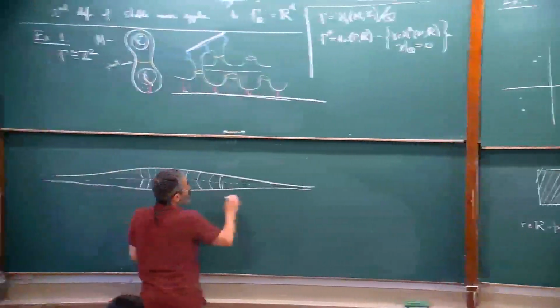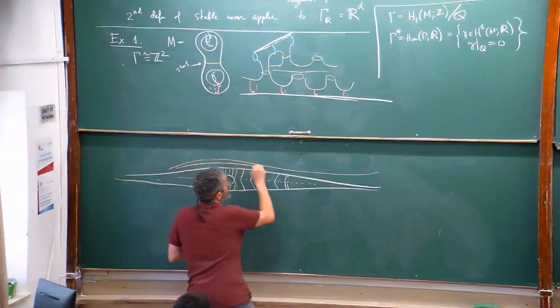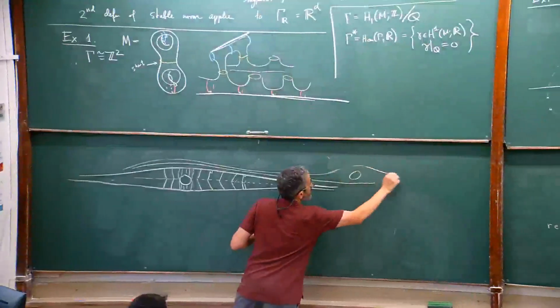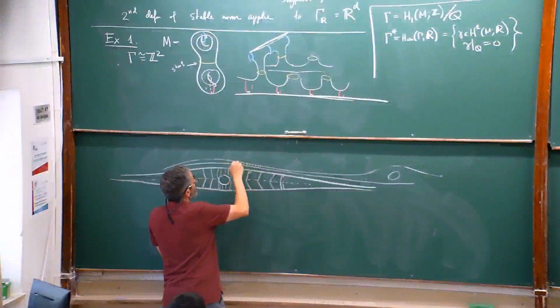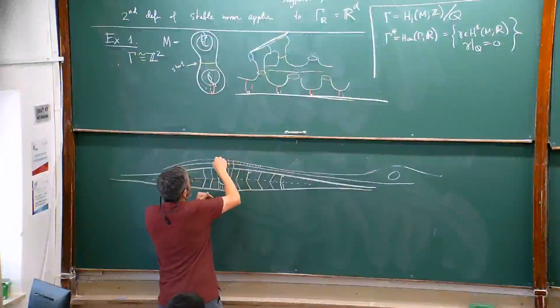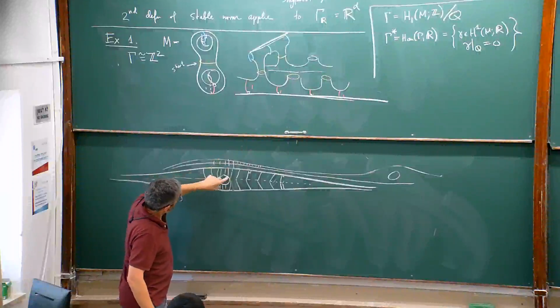There's this region, but there are lots of other copies of it which come very close, maybe like this, and so on. And in each one of them, I do the same thing. So I've built a foliation of the whole surface, which looks like this way around the boundaries.